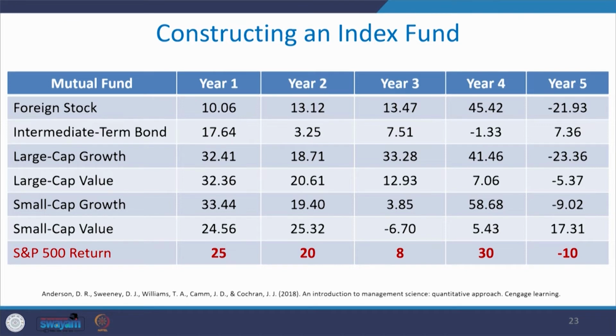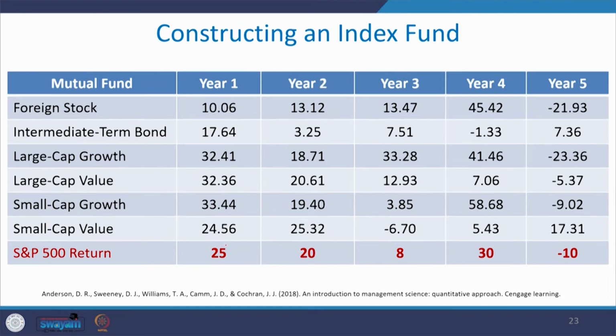See, there are different mutual funds: foreign stock, intermediate term fund, large cap growth, large cap value, small cap growth, small cap value. Year 1, year 2, year 3, year 4, year 5 are different scenarios. What extra has been added in this table is that the Standard and Poor's 500 return index is given.